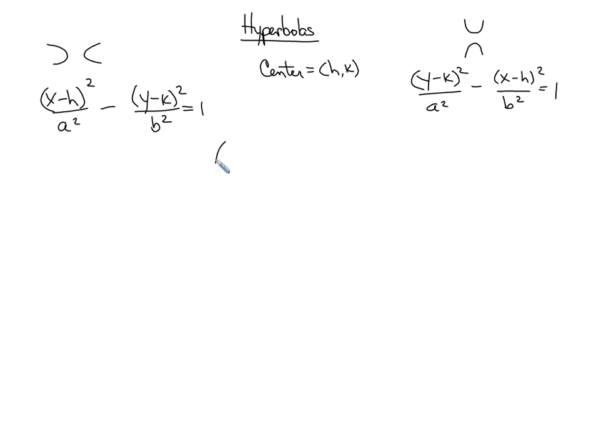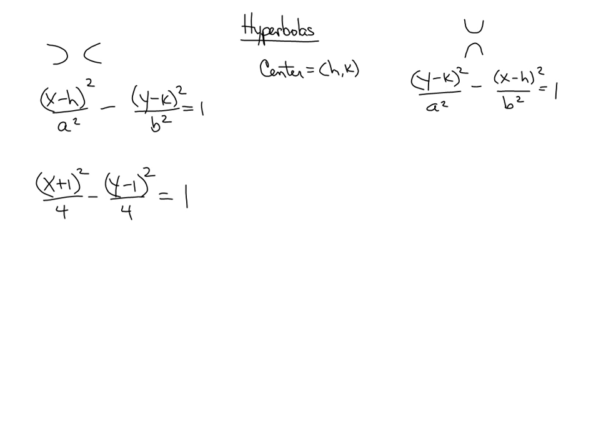So, let's look at (x plus 1) squared over 4 minus (y minus 1) squared over 4 equals 1.